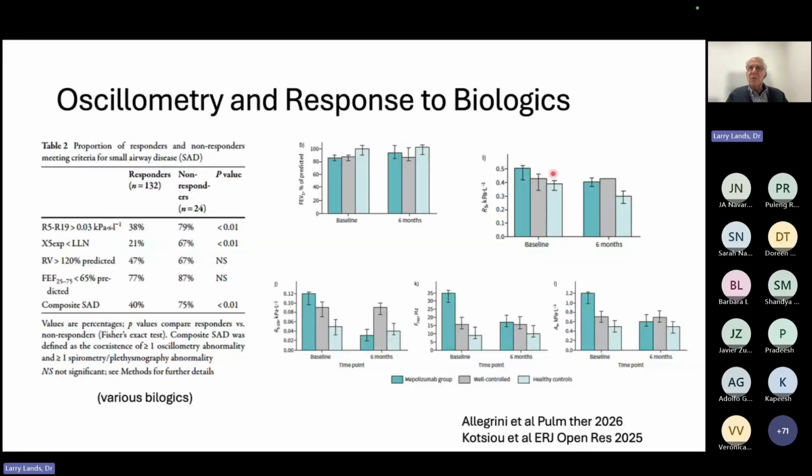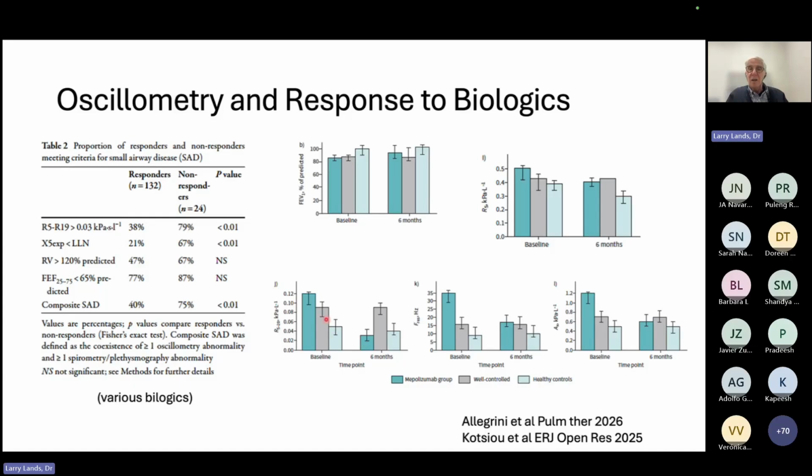You can see that there was a small decrease in R5 in the people who were put on mepolizumab, but really what you could see is a nice big difference in the people who were on mepo between baseline and 6 months in their R5 to R20, their resonant frequency, and their area under reactance curve.